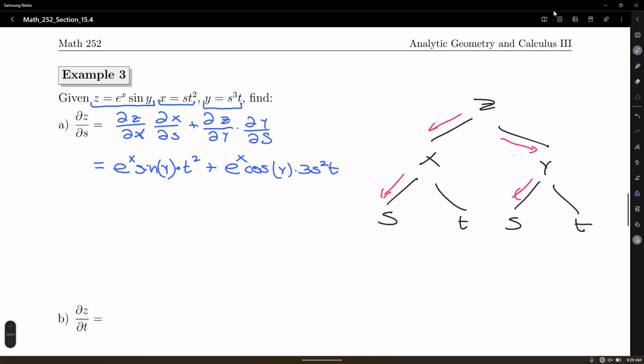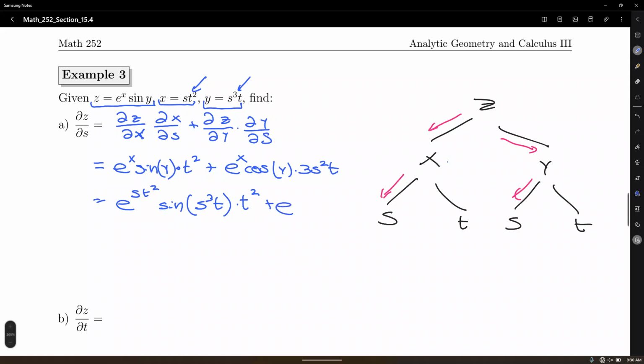So here we need to get rid of the intermediate variables. We need to write all x's and y's, the intermediate variables, in terms of s and t. So every instance of x, I will replace with s t squared: e to the s t squared, sine y, which is s cubed t, times t squared, plus e to the x.